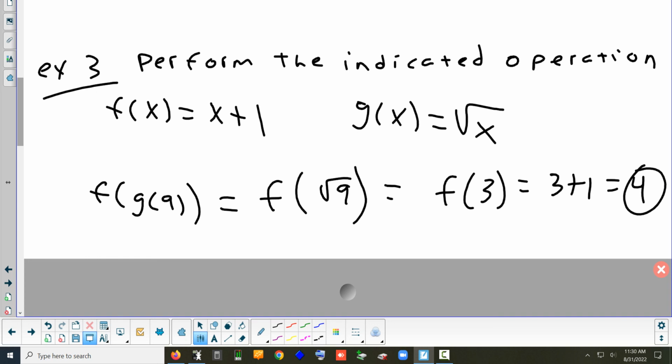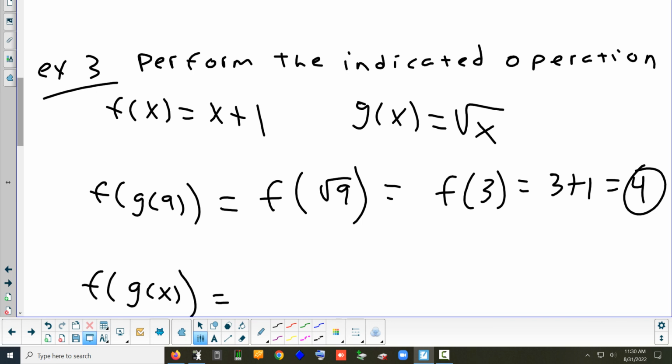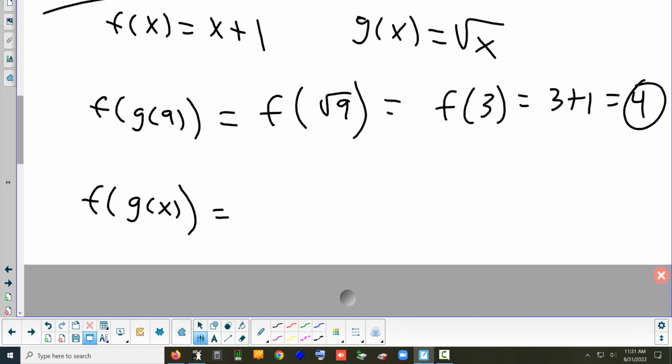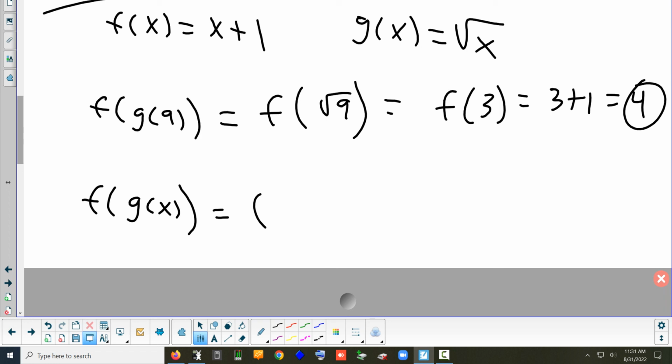The first one we did was with letters. Okay, let's do another one with letters. So write your outer. What's going to go inside those parentheses? Replace g of x with what they tell me, square root of x.